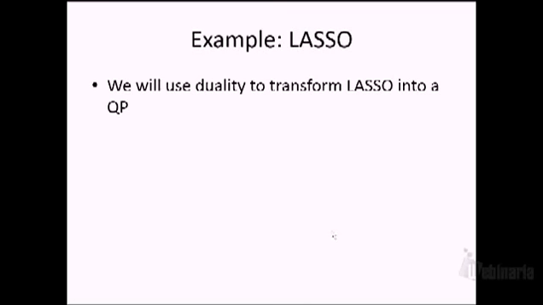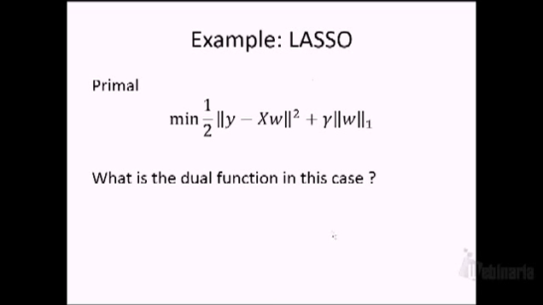Let's consider another example. In this example, we will use duality to transform lasso into a quadratic program. So, if you recall lasso, the primal problem is the minimization of square error of training data with respect to the weights W, in addition to an L1 penalty on the weights.